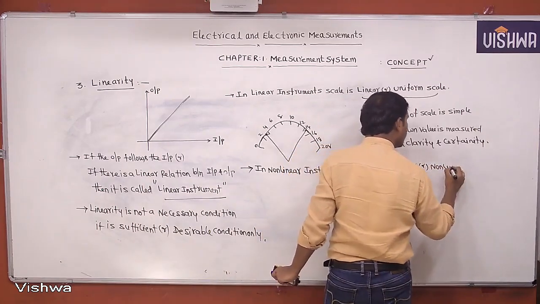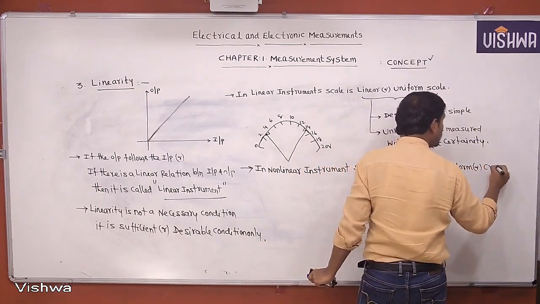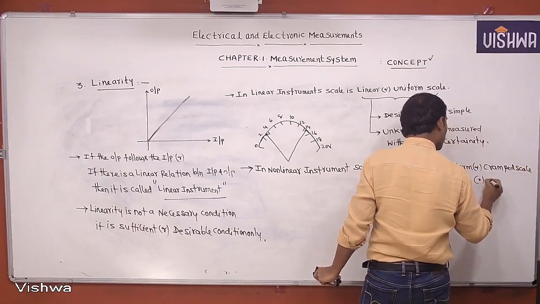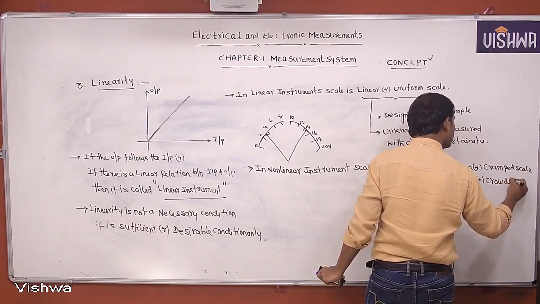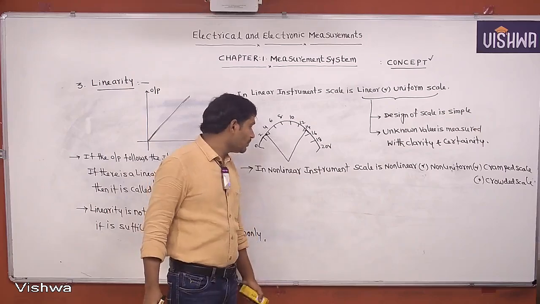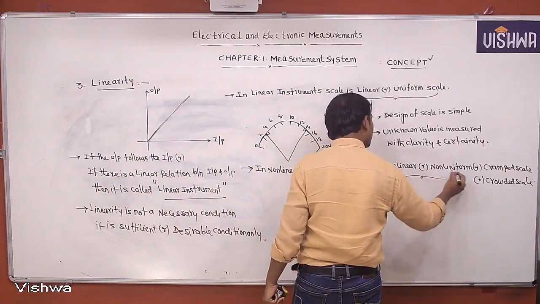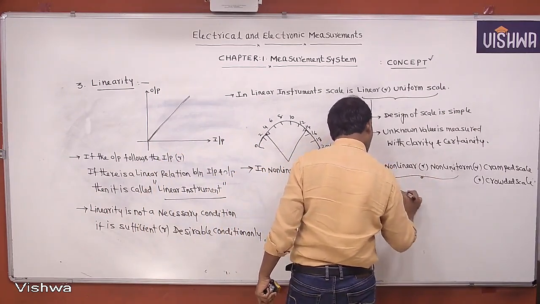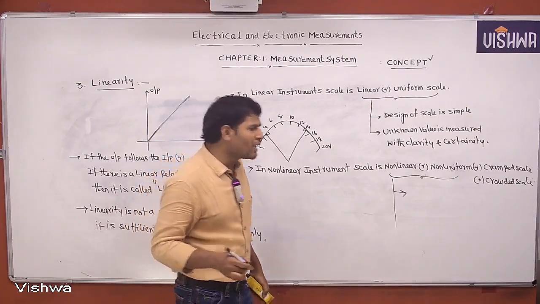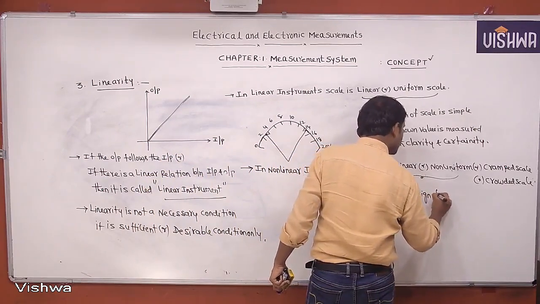It is a non-uniform or cramped scale, a crowded scale. This is the problem. But what are the drawbacks of a non-linear or non-uniform scale? Design of a non-linear scale is complex. Design of the scale is complex.